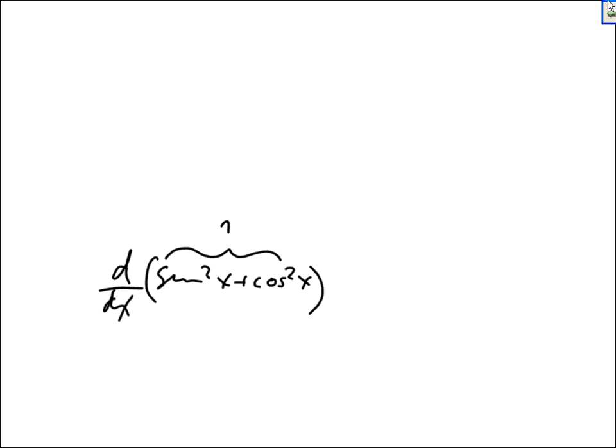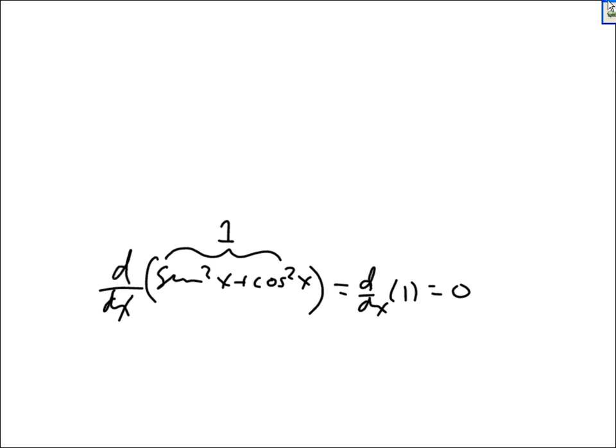It's really good to know that because you don't want to do the integration. I'd rather just look at a problem and say, oh, that's 0, rather than working it out and then showing that it's 0. If somebody asks me, what is the derivative with respect to x of sine squared x plus cosine squared x, I want to recognize this as 1 and say, oh, this is the same as the derivative of 1, which is 0.